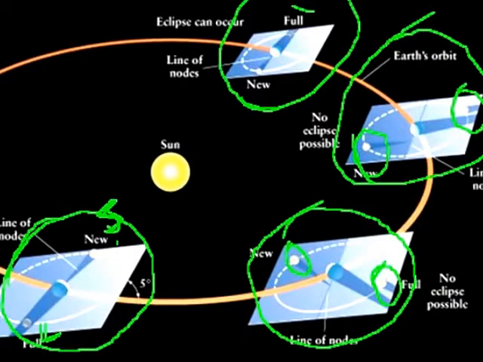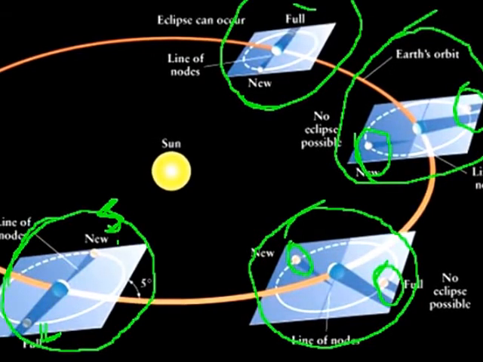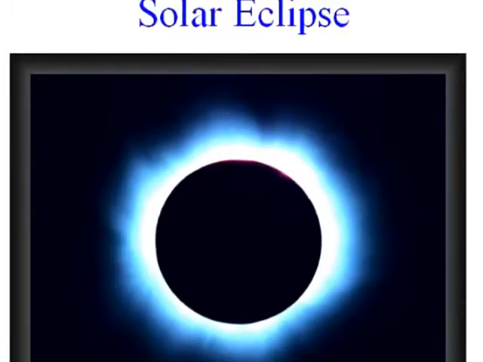Lunar eclipse is when the Moon is blocked out. Solar eclipse is when the Sun is blocked out. The Moon blocks out the Sun, and the Earth blocks out the Moon. Those are the eclipses, and the tilt of the Moon's orbit is what causes that.